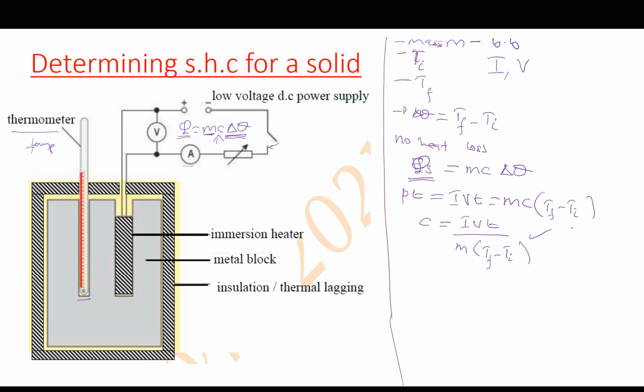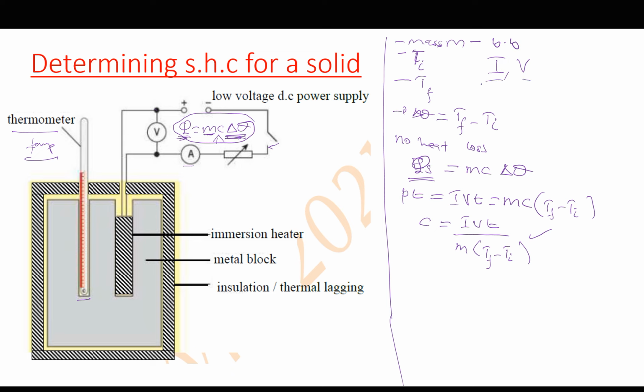So that will be the specific heat capacity, obtained by that simple method. All you need is to look at the expression. You need to find the amount of heat supplied, which is going to cause a change in temperature. So you need the initial temperature before switching on the heater. Then switch on the heater and note a steady value of current and voltage.